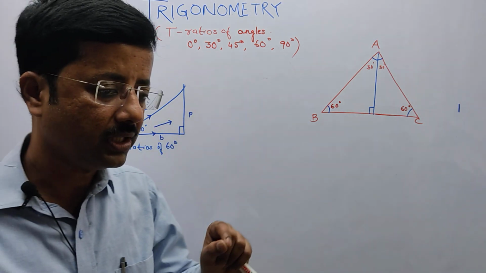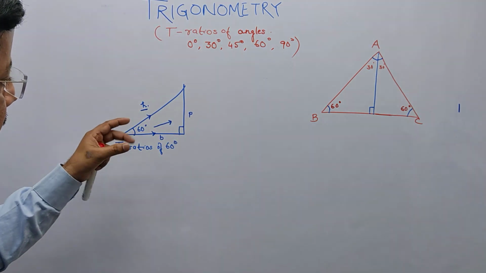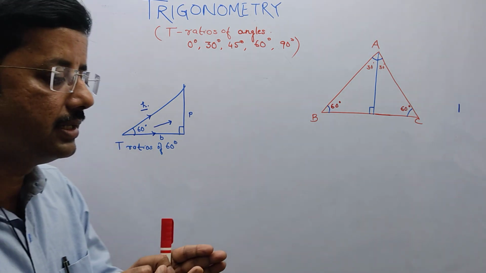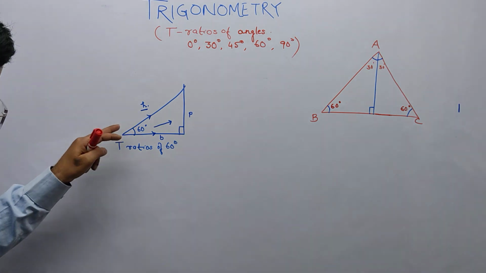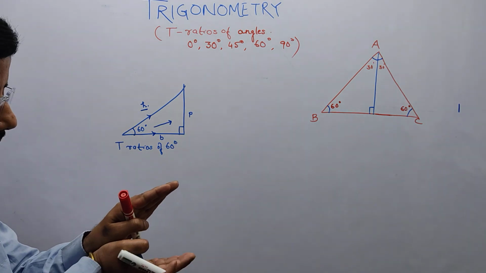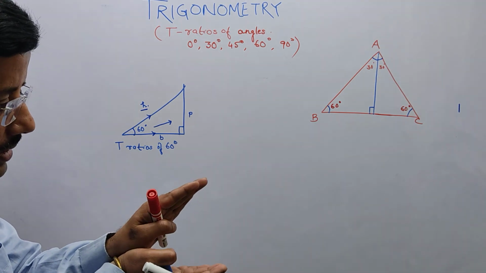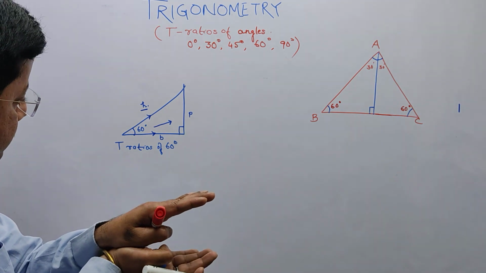So now talking about this, in the 60 degree inclination the two lines which we are seeing here are inclined at a particular angle, that is 60 degree. They are open at that 60 degree angle size.